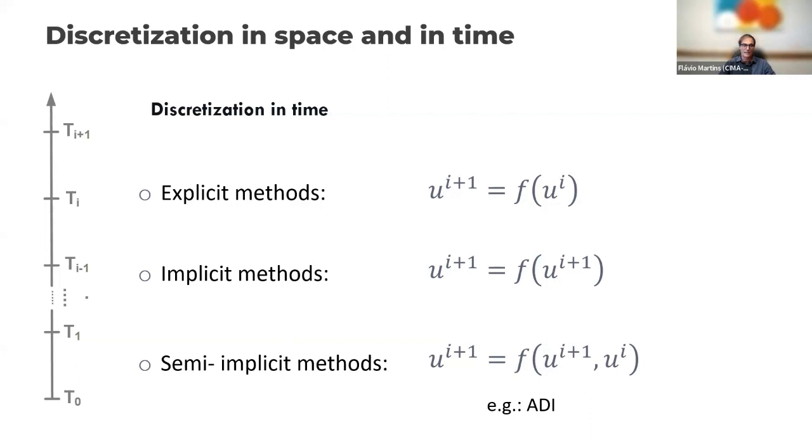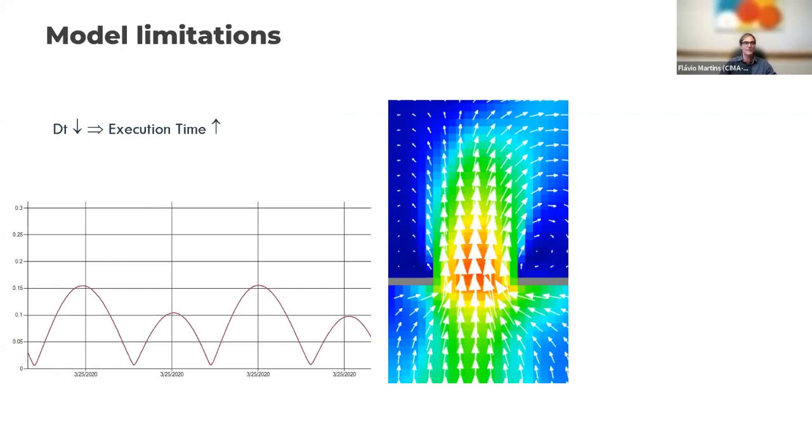So this ADI, which stands for alternating direction implicit, is probably the most well-known and the most used method. It is a semi-implicit method that is really efficient. So it's a little bit about what's behind the machine, how we do it.